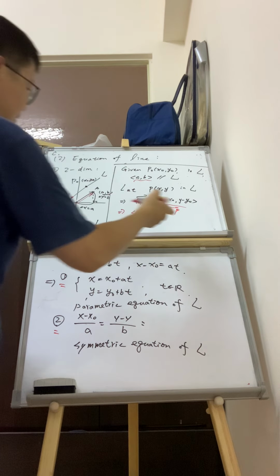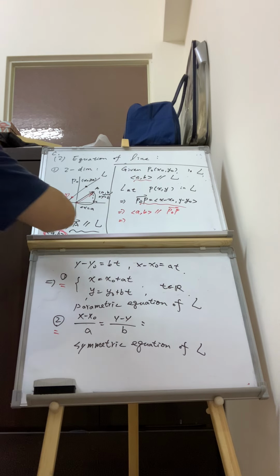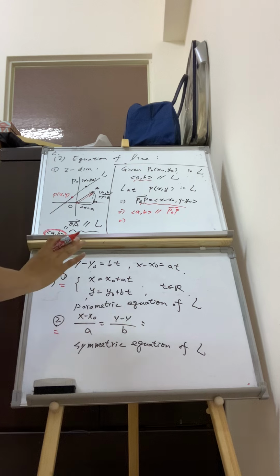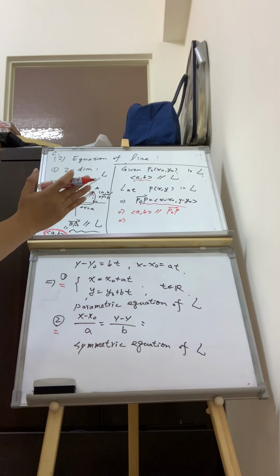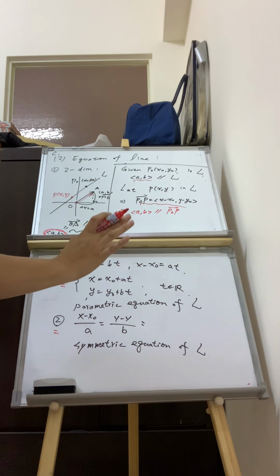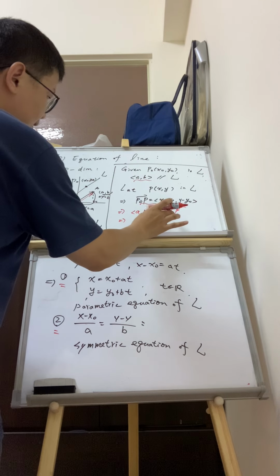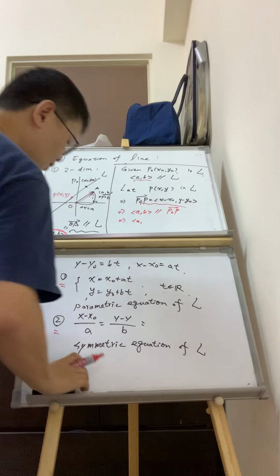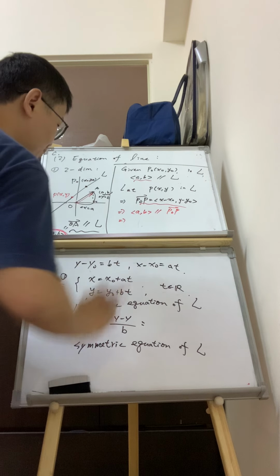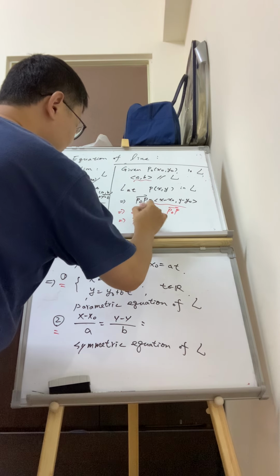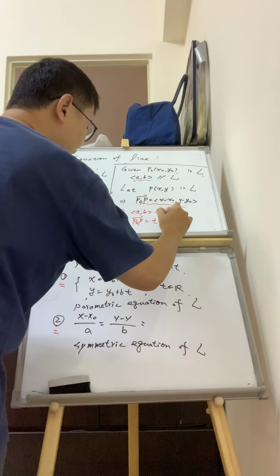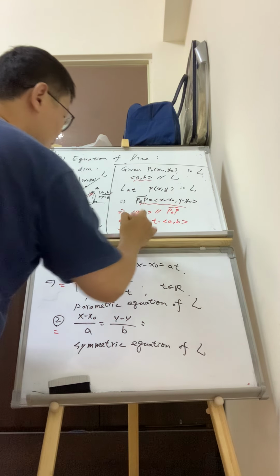What can we say? Actually, it's not just in a plane. If there are two vectors in a three-dimensional coordinate system, it's the same. One must be a multiple of the other. So P0P must be some scalar t times the vector AB.